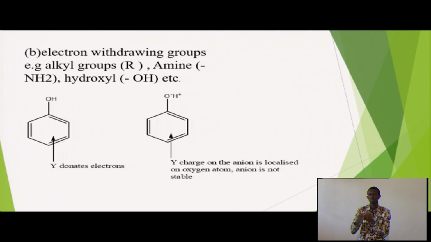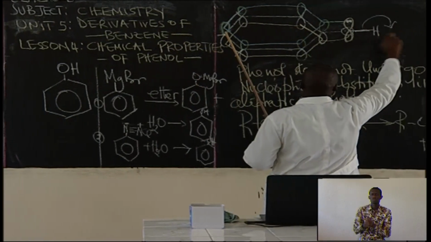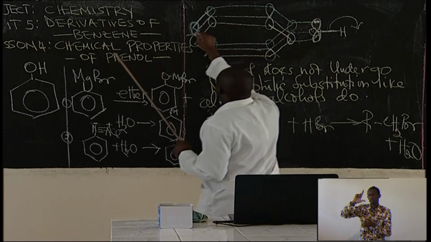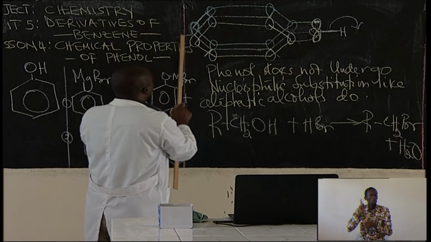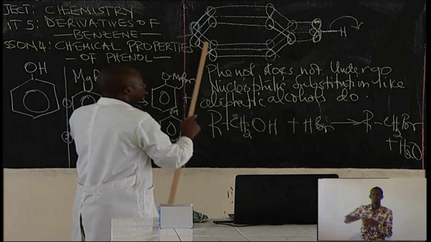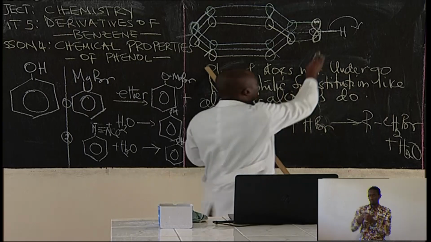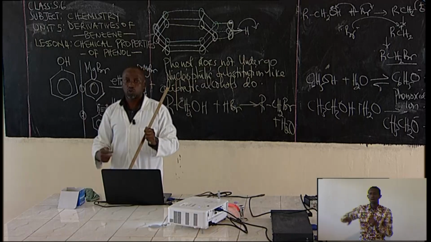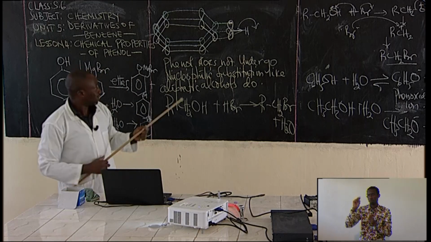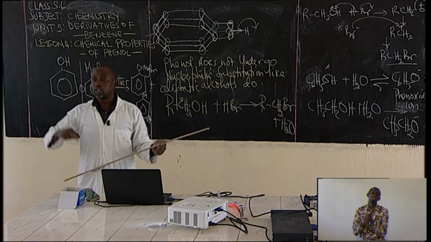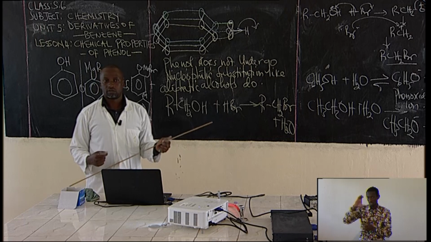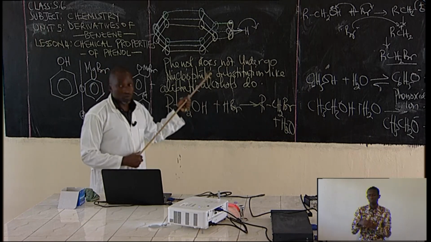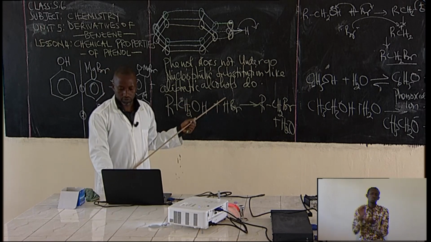They tend to push the electrons into the ring. That increases the electron density here, and this bond becomes stronger. So electron donating groups reduce the acidity of phenol compounds.